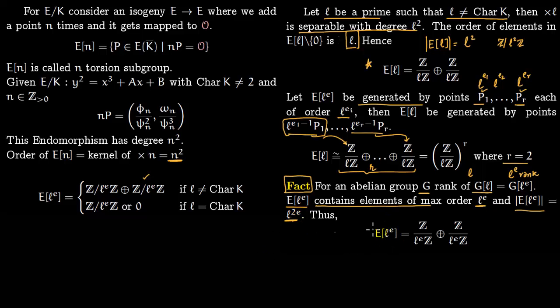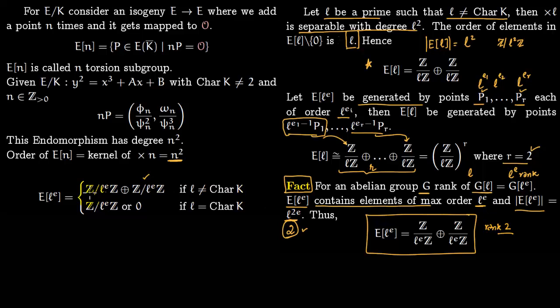Again the rank is 2, because the rank of E[L] is 2, so here the rank also has to be 2. We know that the order of the group is L^2e and the maximum order is L^e. Rank 2 is given, so our only option is this: E[L^e] is Z over L^eZ direct sum with Z over L^eZ. You can see the order is L^2e and the rank is 2.